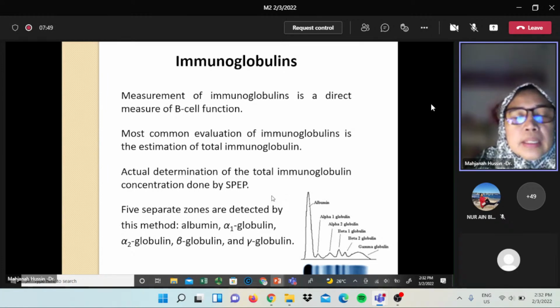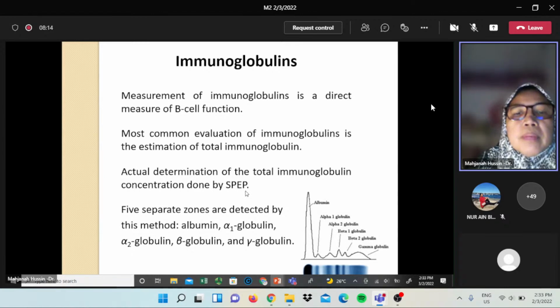And the actual determination, as well as the total antibodies, the concentration, will be under SPEP, which is serum protein electrophoresis. The serum protein is where you can find your antibody, because antibody is protein by itself.